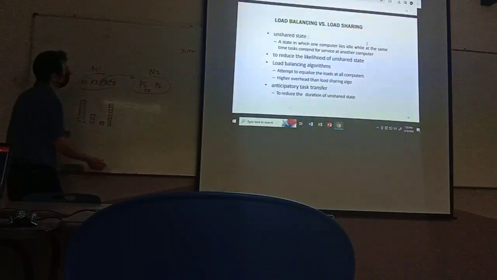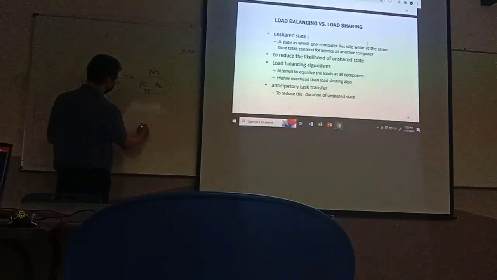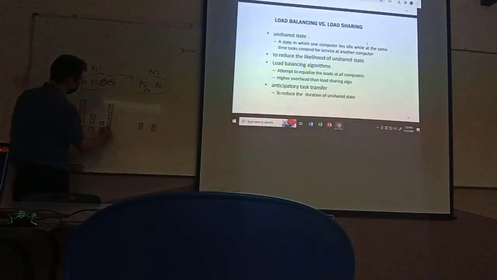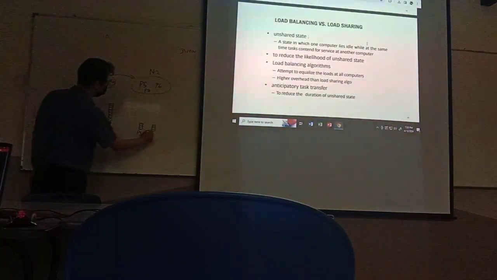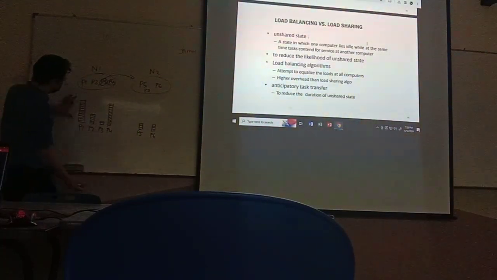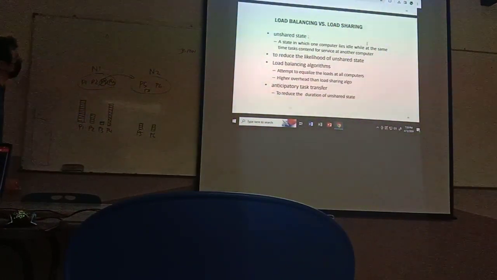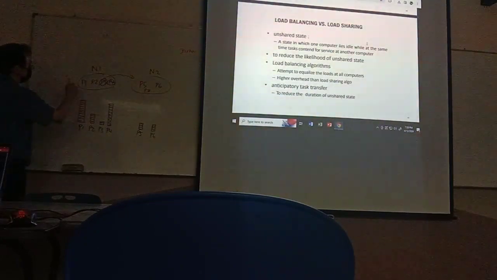And this one is using this much of the processor, and this P6 is this much. Okay? Let's say this is P1, P2, P3, P4, P5, P6. The height here indicates how busy the process is, using the CPU or the resources in this computer.